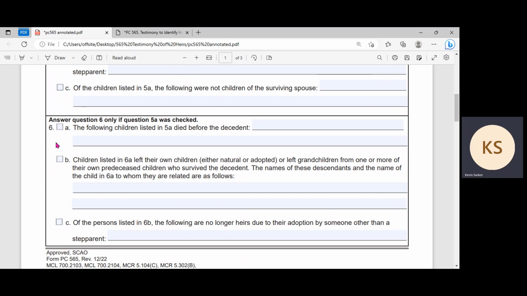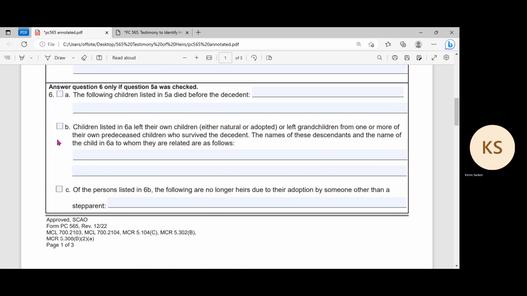6A says the following children listed in 5A died before the decedent. If this is true, check this box and type in the names. B, the children listed in 6A left their own children or left grandchildren from one or more of their own predeceased children who survived the decedent.